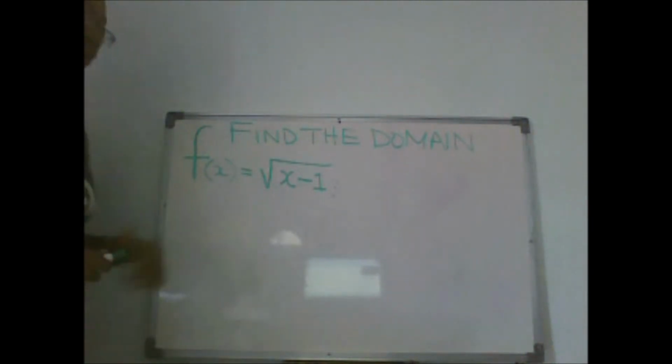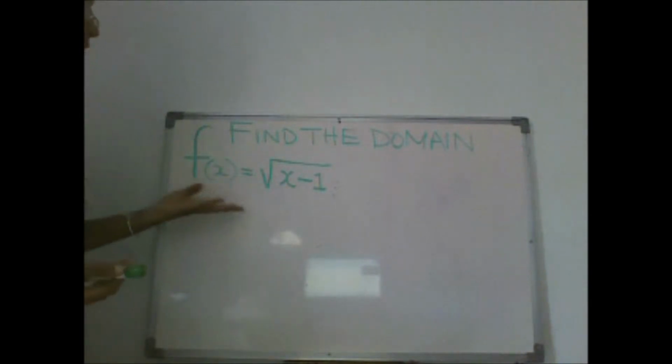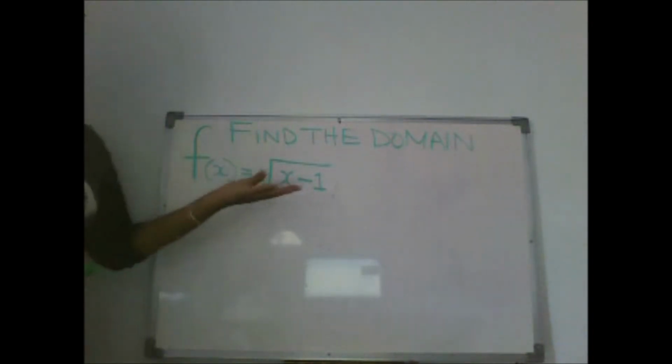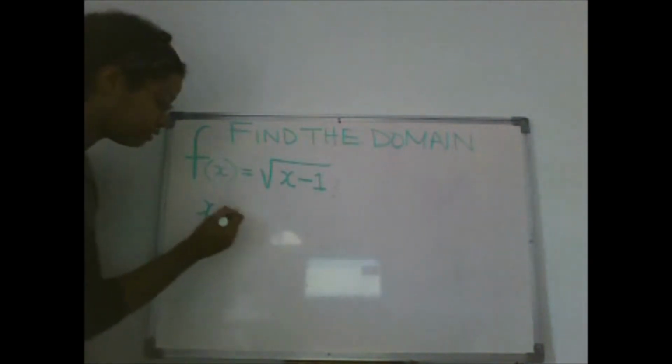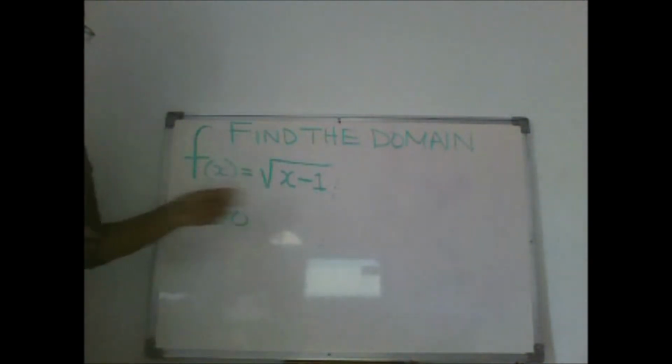Now, if we plug any number into x, we might not be able to satisfy this equation. So what value for x would cause a problem here? If we had substituted, say, for example, x is equal to 0 into this equation, we would get -1.